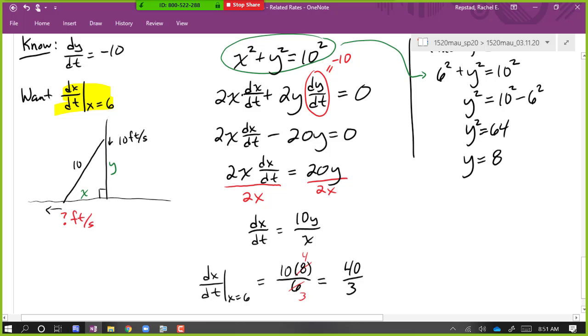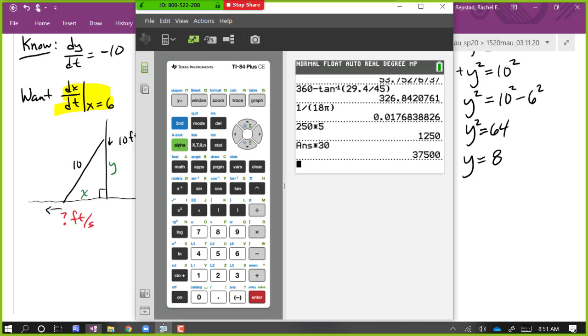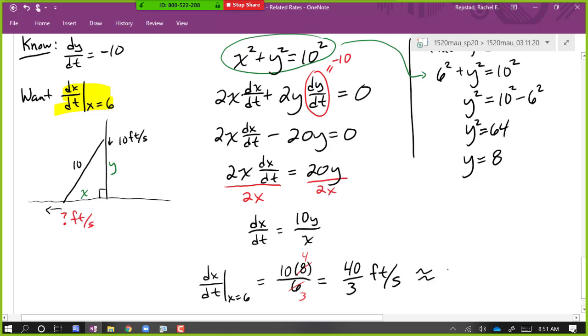What would the units be? Feet per second. Mm-hmm. Because x is measured in feet and our time is measured in seconds. And then we could approximate 40 thirds, about 13.3 feet per second.